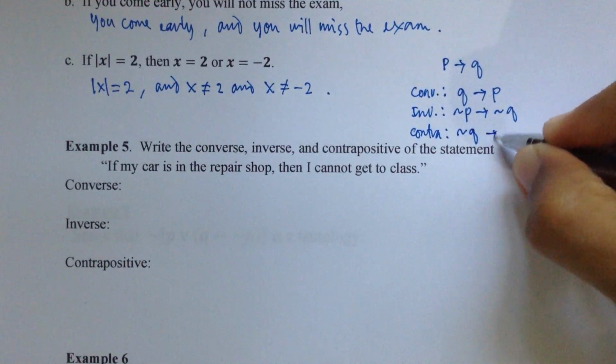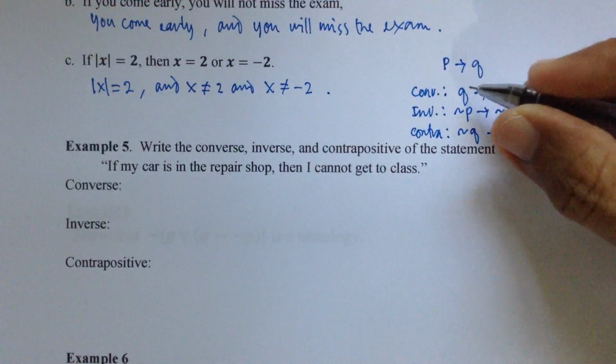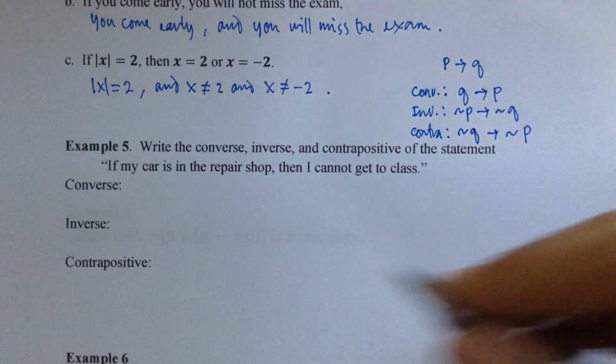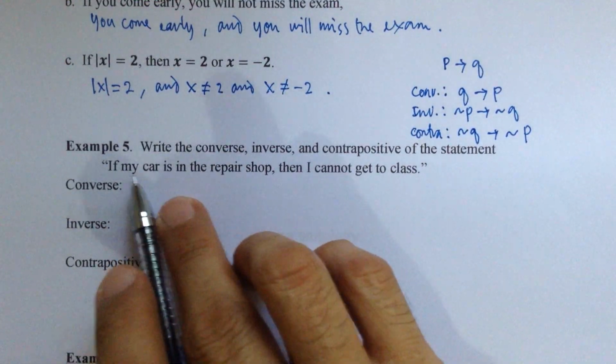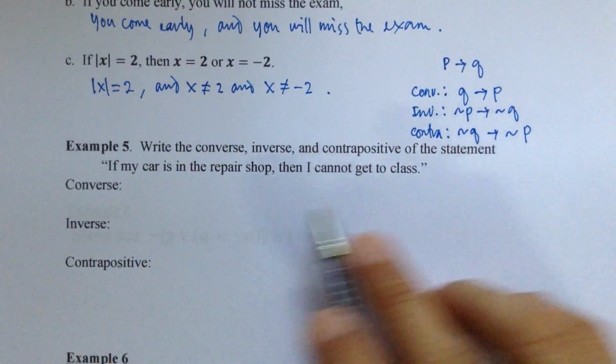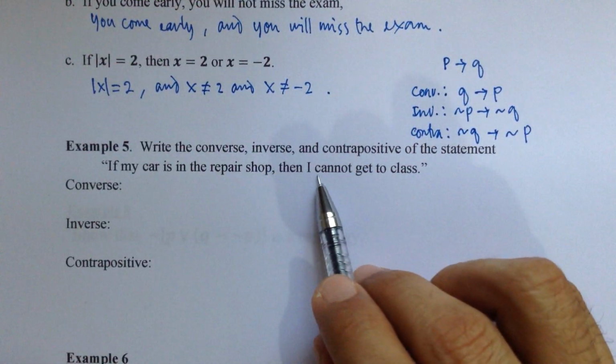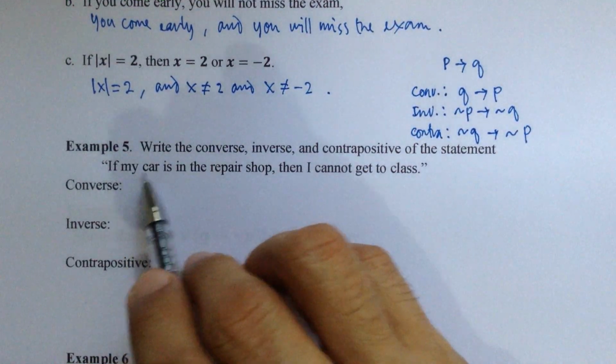And then the contrapositive is the negation of your Q, or your consequent, as your antecedent this time, implies negation of your antecedent, which is P. So following this, what is the converse of this statement? The converse is when you make this your antecedent and this your consequent.